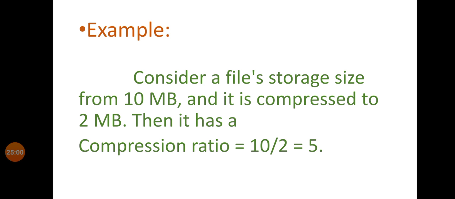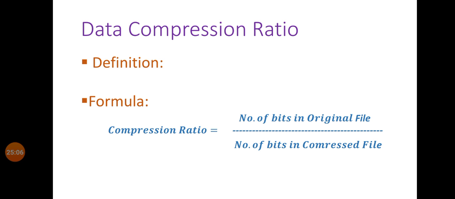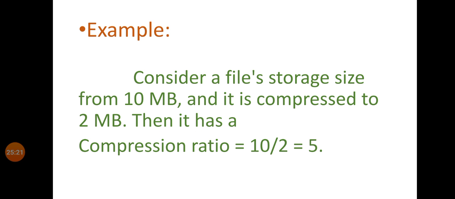Then it has a compression ratio that is 10 by 2. Why 10 by 2? Number of bits in original file, original file means 10 MB, divided by number of bits in compressed file. So compressed file size is 2 MB. That is why 10 by 2. So 10 by 2 equal to 5. So compression ratio of this particular file is 5.